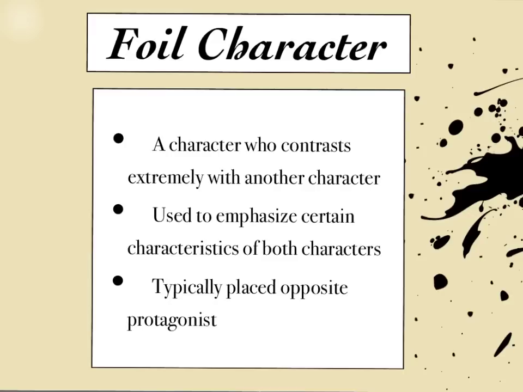Now we're going to jump right into the foil character, and foil characters are always very interesting to me because these characters obviously have a purpose built in. And what's really great about foil characters is that they are created in order to contrast extremely with another character, almost like complete polar opposites.